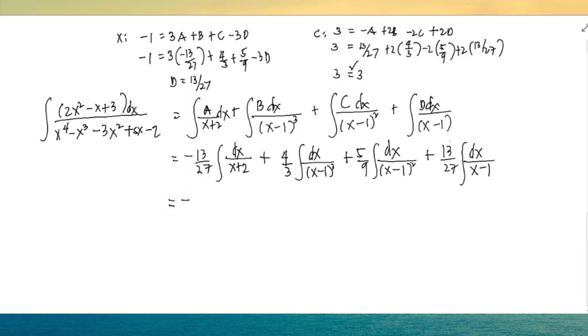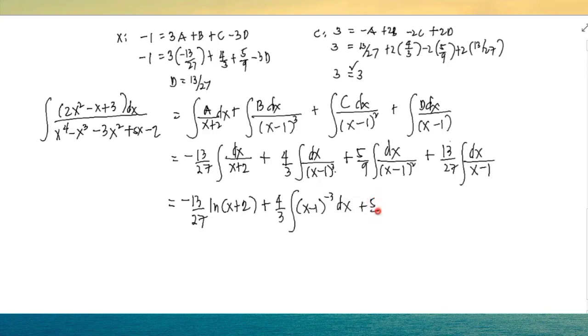For the first term, we have negative 13 over 27. Since the derivative of x plus 2 is dx, that is just ln of the denominator, so ln of x plus 2. So, for this, we have 4/3. Ang gagawin natin ay iakyat natin to. So, magkakaroon tayo ng x minus 1 raised to negative 3 dx.